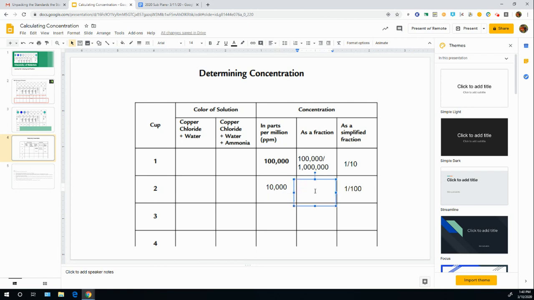To write this as a fraction, we take our 10,000 parts per, remember, per is our fraction bar, 10,000 parts per million.